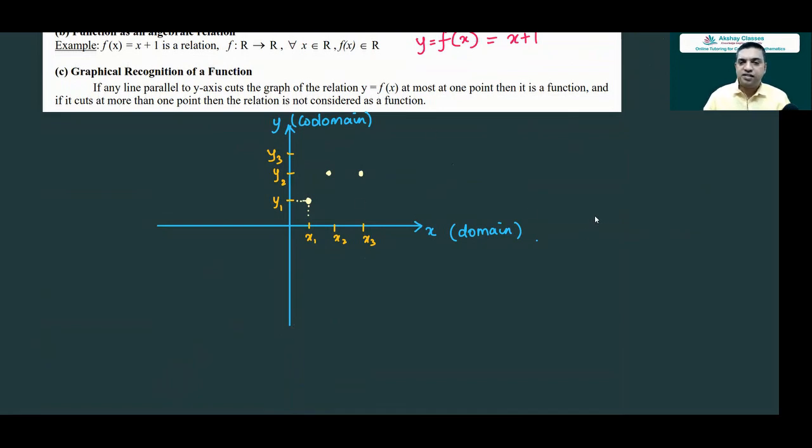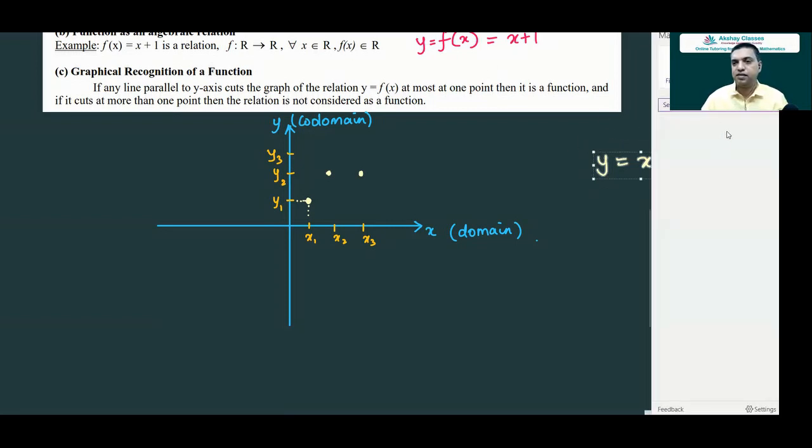Now let us plot this function: y is equal to x plus 1. Right? We know what it is. It is a straight line. Yeah, it's a straight line.